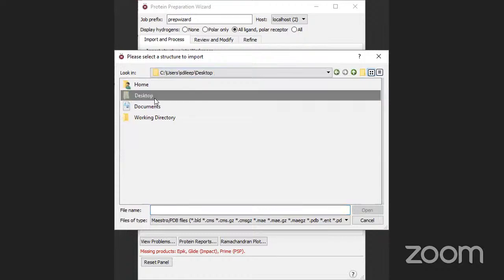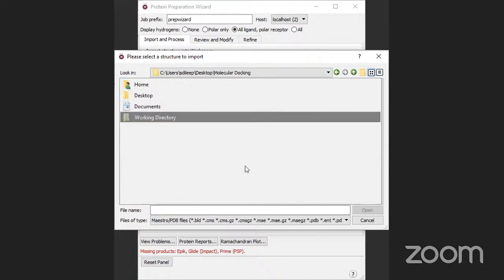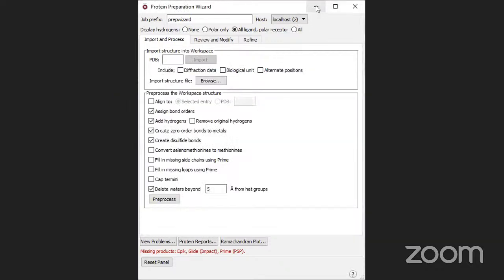Then you can go to wherever you have saved that PDB ID and import it. Right now I don't have access to that. Then you will get the protein structure on the workspace.